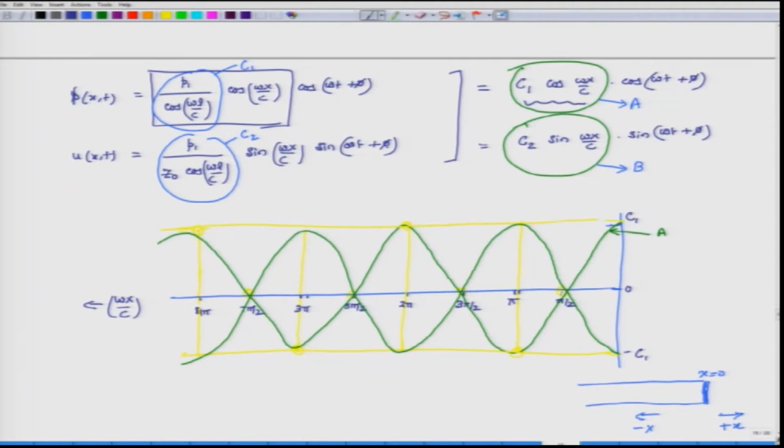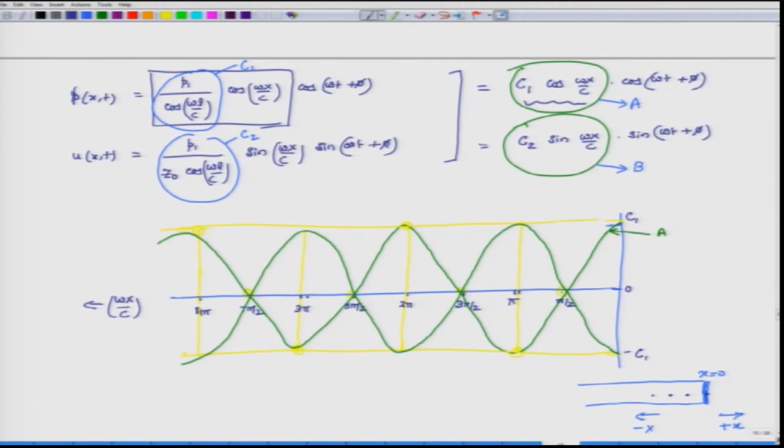Then if you move further deeper into the tube, the pressure here is maximum, then pressure here becomes 0, then maximum pressure here becomes again C1, then again pressure becomes 0, and so this is how the amplitude of the pressure is.